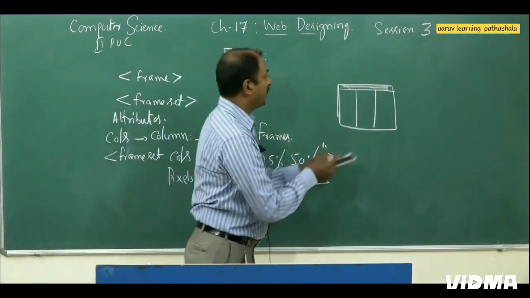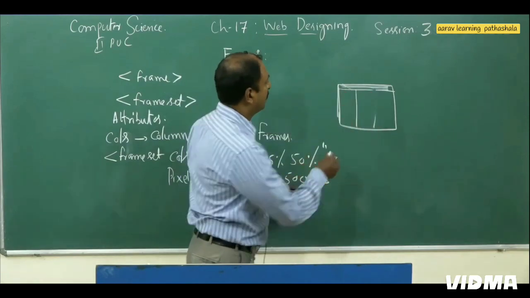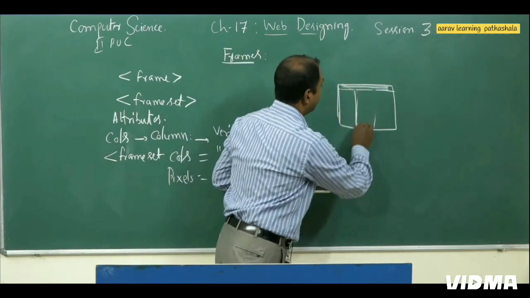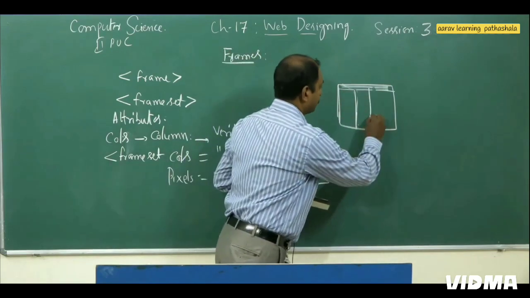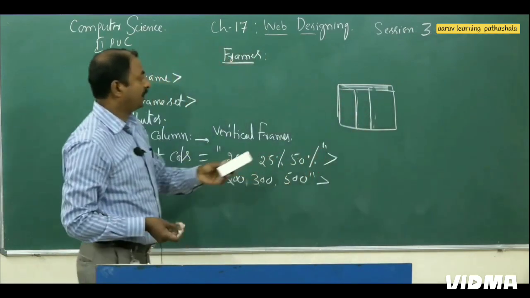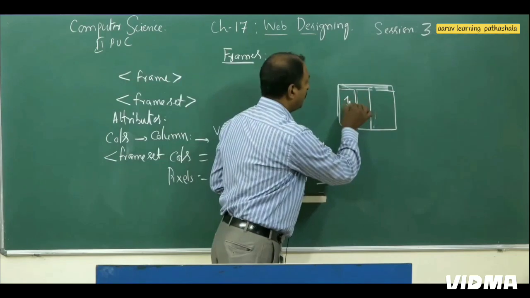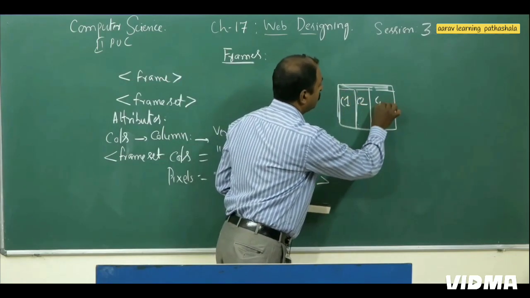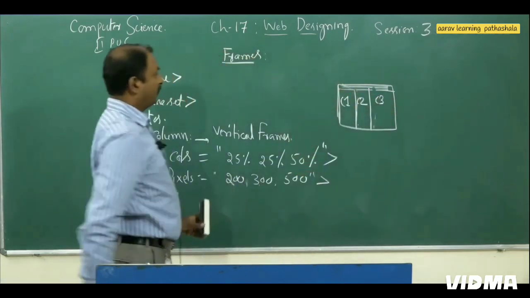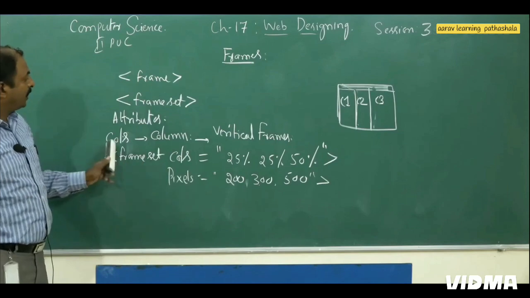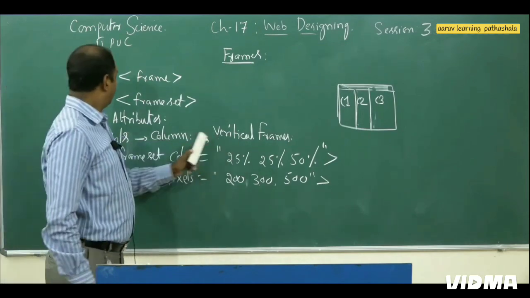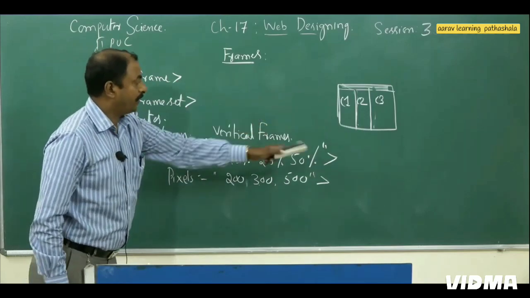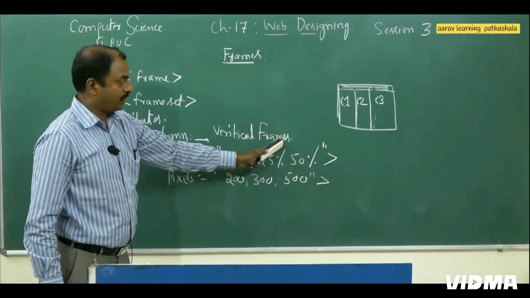You can assume it comes with the first at 25%, another 25%, and the remaining 50%. So this is your column 1, column 2, column 3. This is how we use the columns attribute. The columns attribute divides the web browser window into vertical frames.